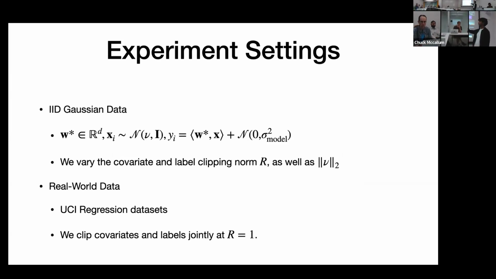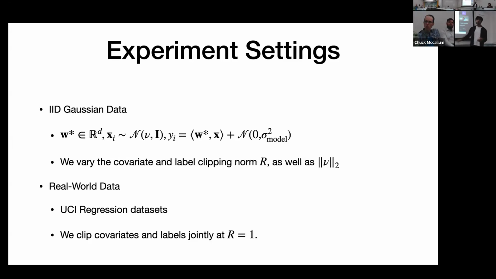I'll fix some true parameter, generate data via a fairly standard data generation process, and vary the covariate and label clipping norm R, as well as the norm of my covariates. I'll use this to show, at least synthetically, that there are examples of covariate distributions that can't really be handled well by either Noisy-SGD or by AdaSSP.